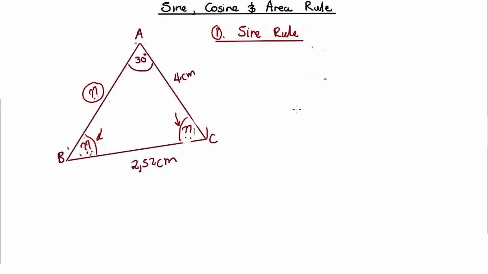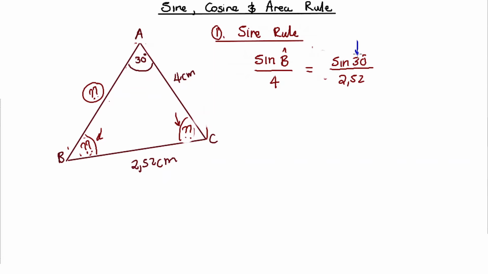Applying the sine rule to this triangle, I'm going to start off by calculating angle B. So sine angle B divided by its opposite side, which is 4, equated to sine 30 degrees over 2.52.